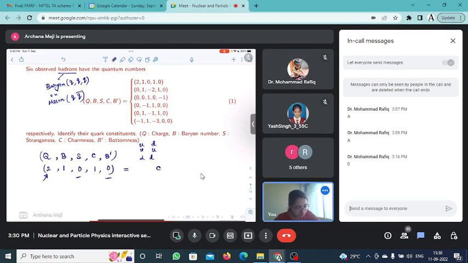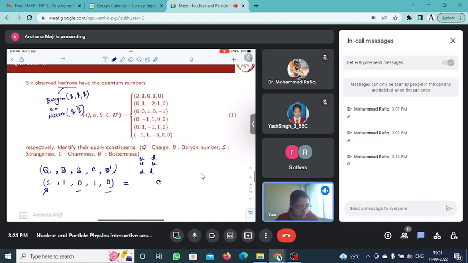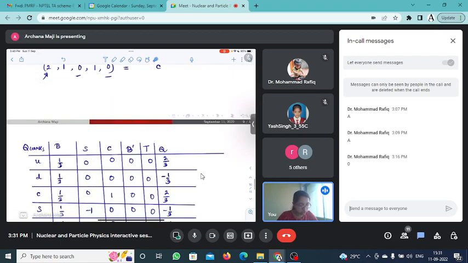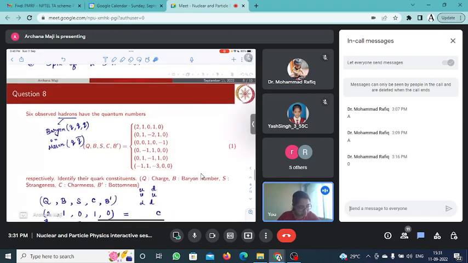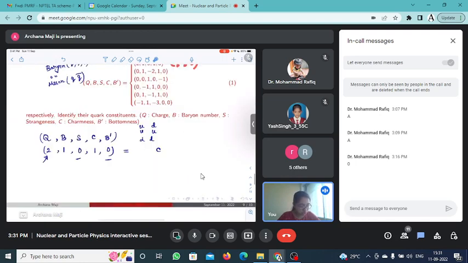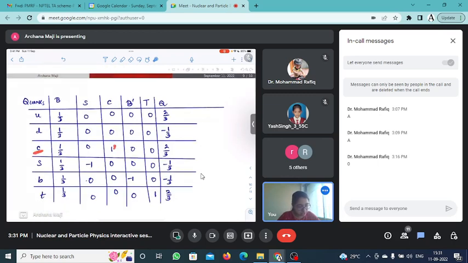So see, all the quantum numbers are given to you. You have to just construct the quark content looking at these quantum numbers. So you know the quantum number for all the quarks. Here the baryon number is 1, so the second element is the baryon number. So it means it will be made up of 3 quarks. See, the charmness is 1, and you know for one charm quark the charmness is 1.